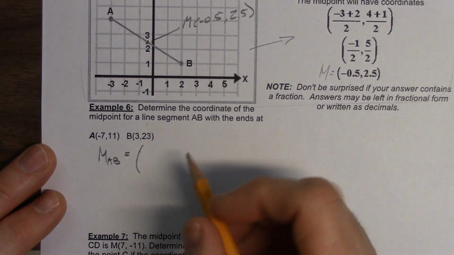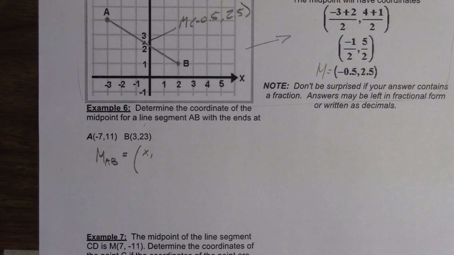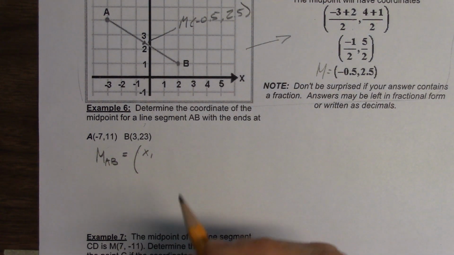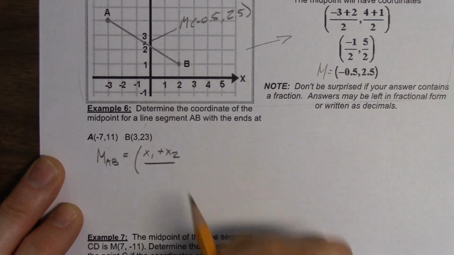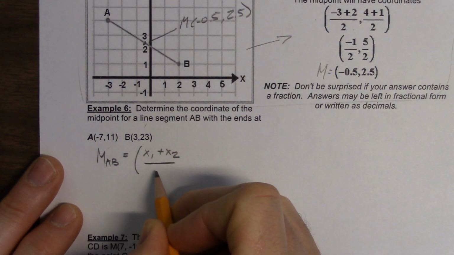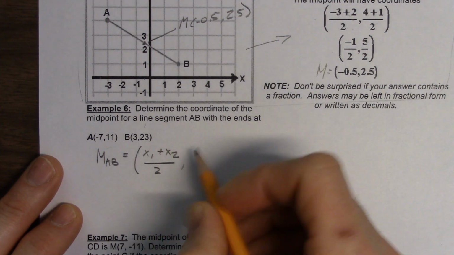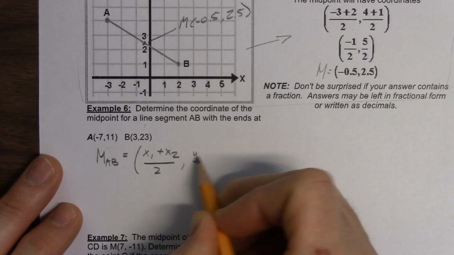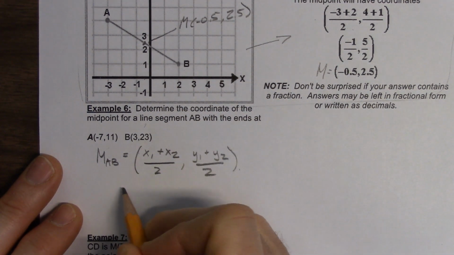X1 plus x2 divided by 2. Good. And then the y coordinate? Y1 plus y2 divided by 2. Excellent. Very good, Josiah.